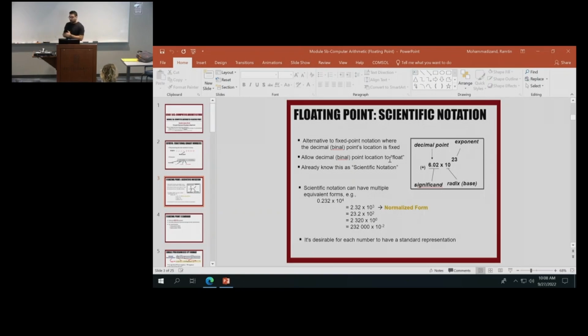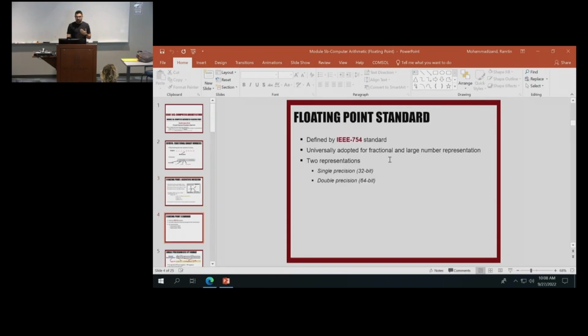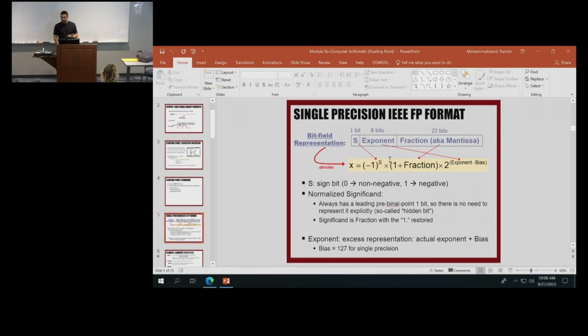So we talked about floating point. We mentioned that this is the same scientific notation that we had in decimal, and then we talked about the standard for it, because we can show floating point numbers in different ways. From the hardware point of view, we want to have a standard, so we design the hardware such that it follows the standard. We talked about the single precision floating point.